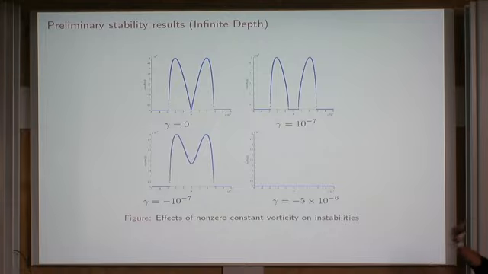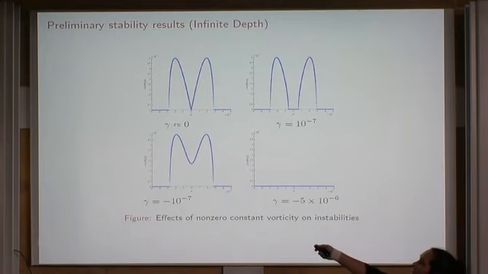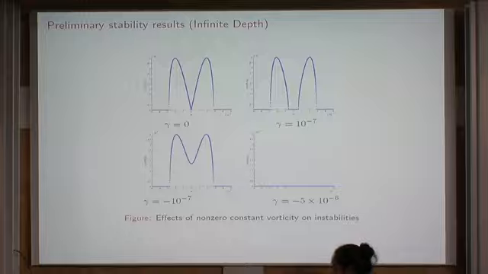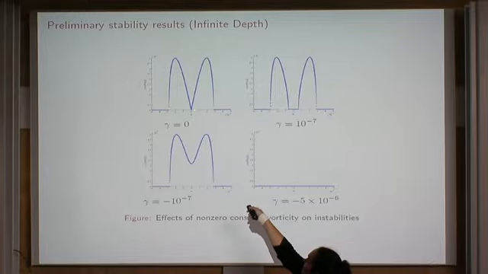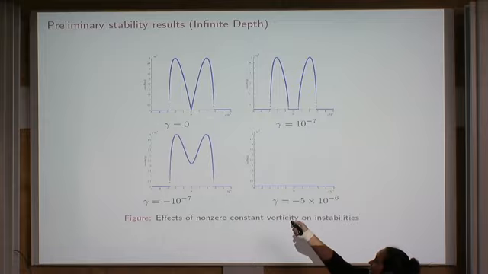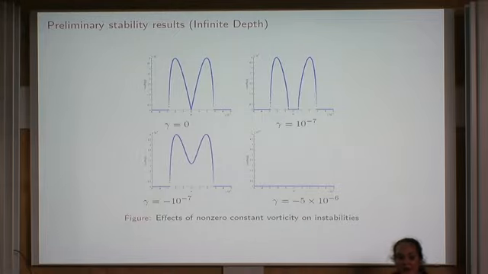Let me describe what you're looking at here because it's a very different plot. On the horizontal axis, you can think of this as a measure of the perturbation that I'm putting in on my system. Near 0, you're looking at long wave perturbations. This is my flow parameter mu, and as mu gets closer to 0, I'm looking at long, long wave perturbations.